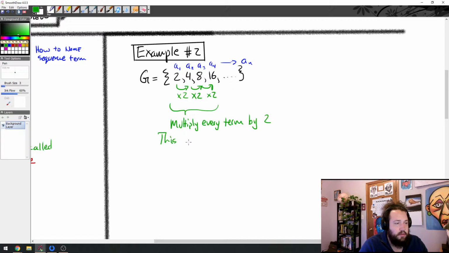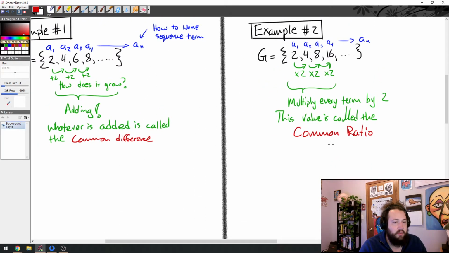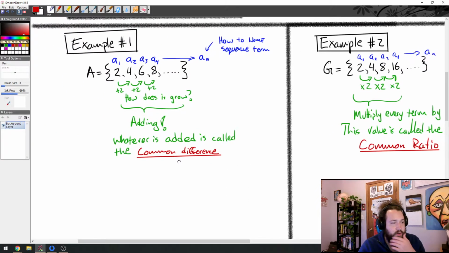This value is called the common ratio. And that's really what is going to be the difference between these two equations. One has a common ratio, one has a common difference.